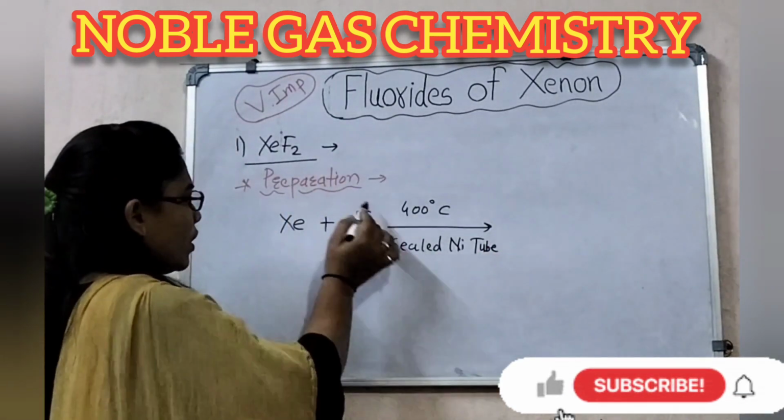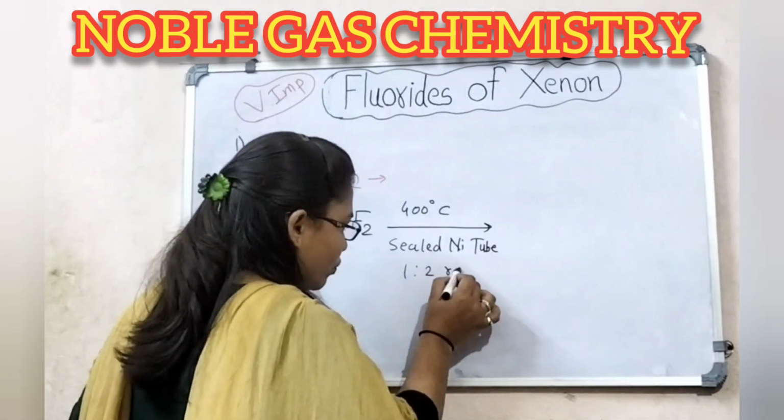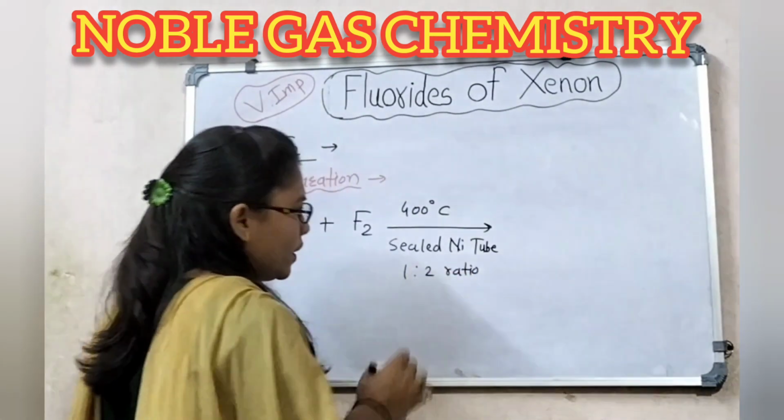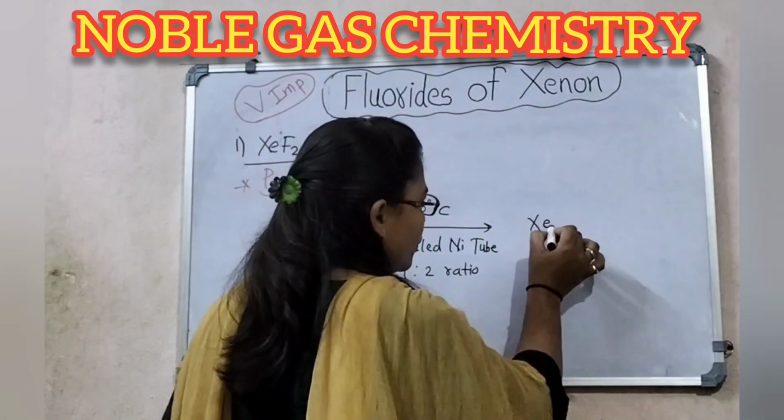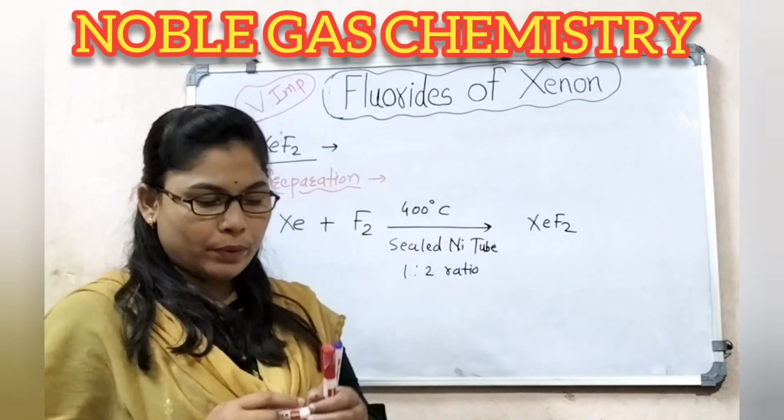And we use xenon and fluorine in a 1:2 ratio. Then we get Xenon difluoride. This is the first method of preparation.